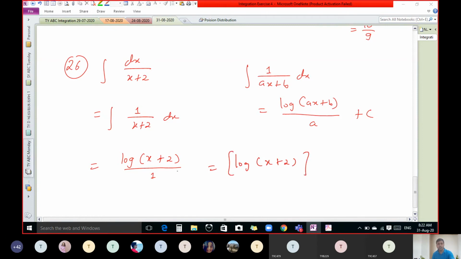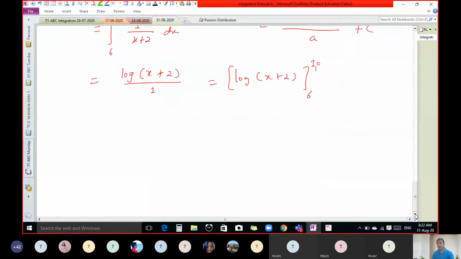And now range. Range is 6 to 10. So here you have to write 6, lower limit, upper limit 10. Everywhere we have to write range when there is an integration. And now what to do? Now in place of x, we have to write first of all 10.